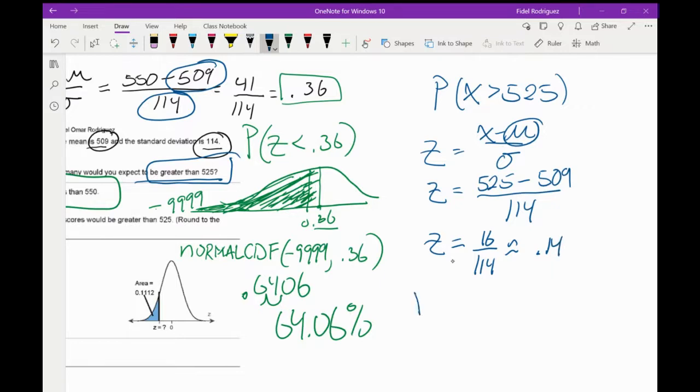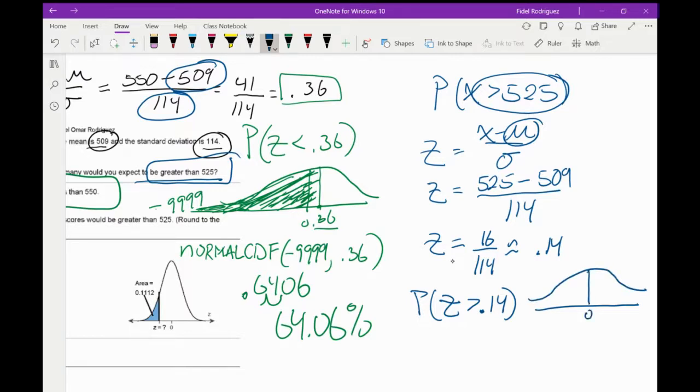Okay, so now what we're trying to figure out is the probability that Z is greater than 0.14, since this had greater than. So again, if I draw my picture, here's 0, and 0.14 is going to be pretty close to it.